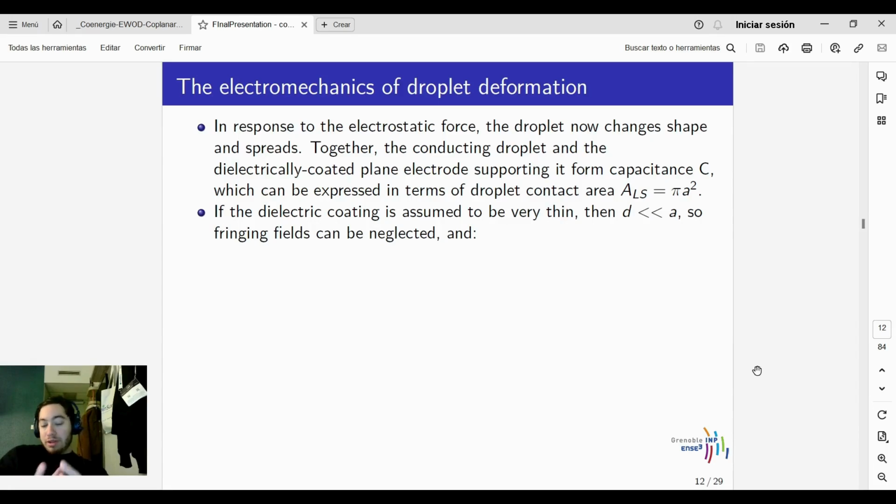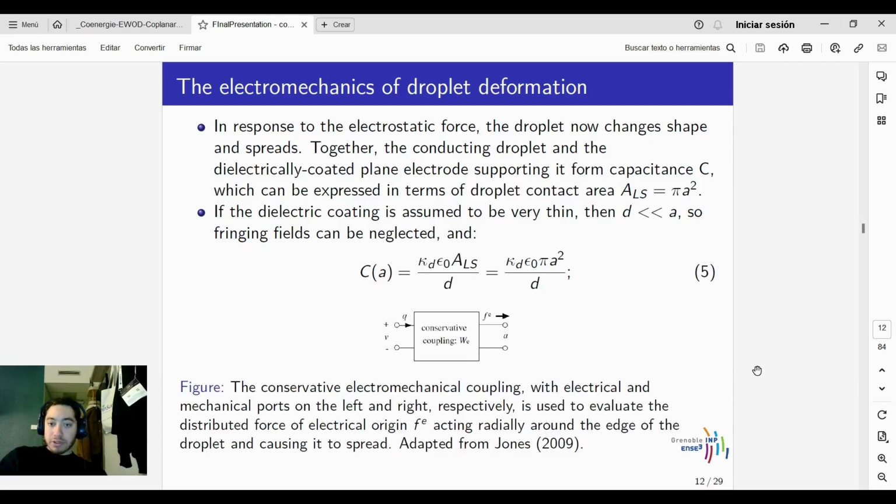In this first part of the electromechanics of the droplet deformation, the dielectric is considered to be very thin. So the electrical field that we mentioned, called the fringing field, can be neglected. In this case, D, the thickness of the dielectric, is going to be considered very, very small in comparison to the horizontal distance that the droplet deforms.